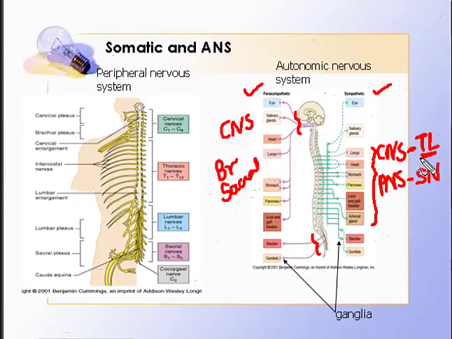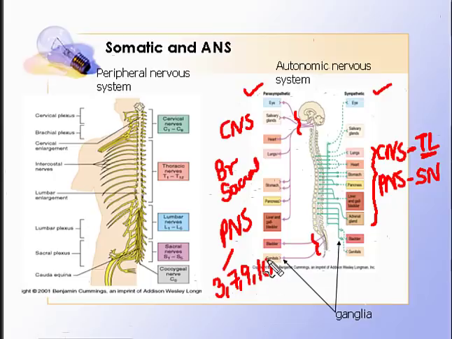Now the peripheral nervous system distribution for the parasympathetic is by means of cranial nerves, and there are 4 cranial nerves which distribute it, and those are the 3rd, the 7th, the 9th, and the 10th.